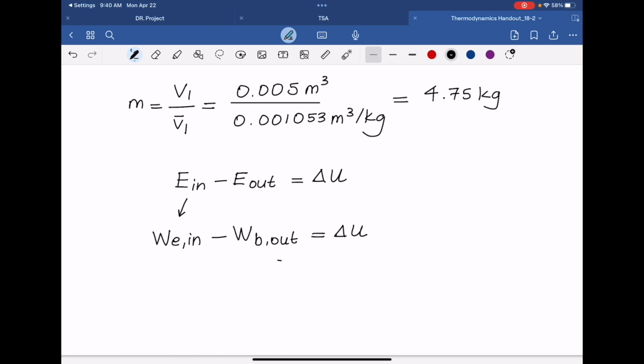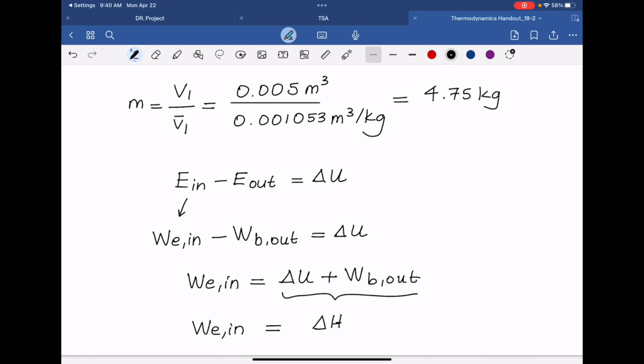And when it's a constant pressure process, this term comes to the other side. I don't want to show that, but what is going to happen is that this is delta U plus the boundary work, and we have previously shown that this can be represented as enthalpy change.